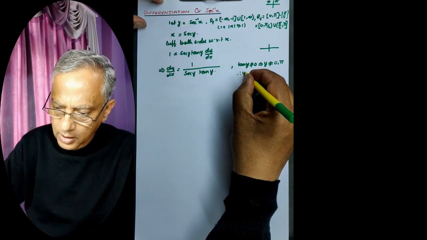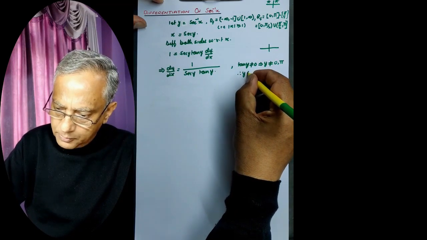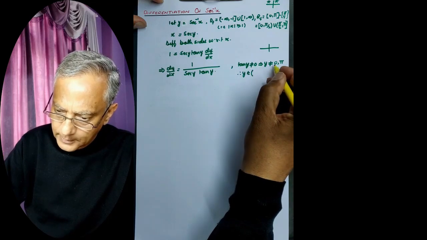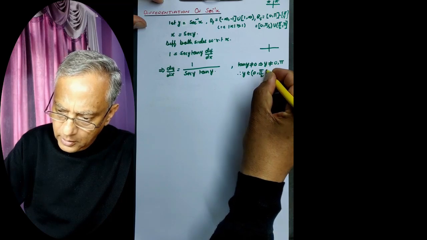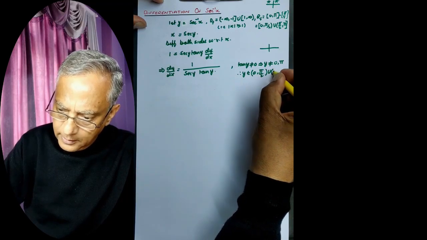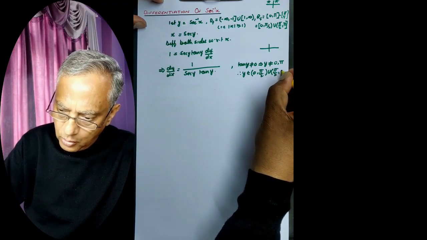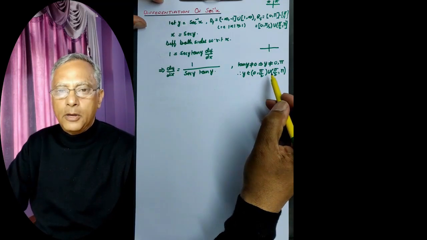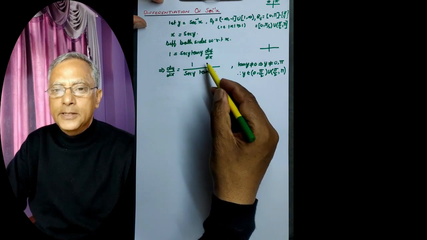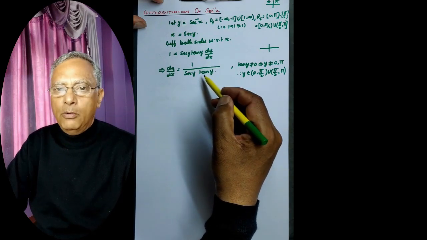So therefore now y must belong to, this point has been deleted, 0 to pi by 2 union pi by 2 to pi. This point has been deleted because otherwise tangent y will be 0 and this will not be defined.